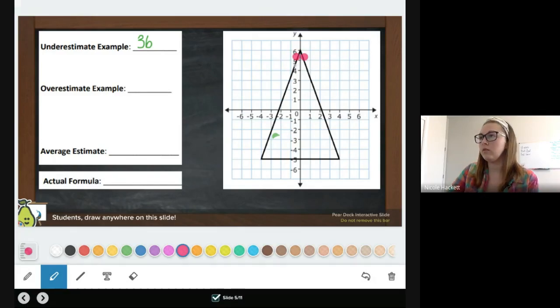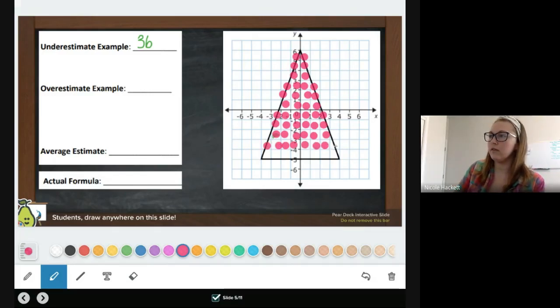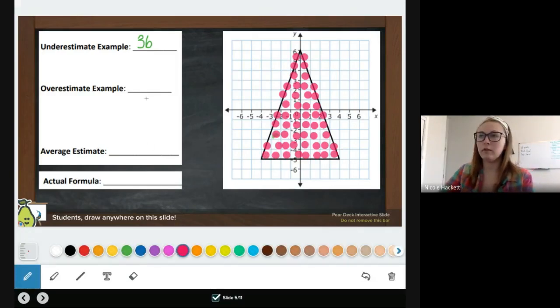So 1, 2, 3, and so on, all the way up to 51, 52. All right. So my overestimate is 52.